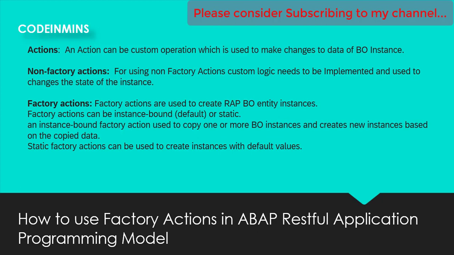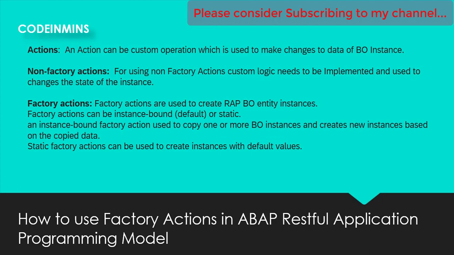So if you select a record in a list view application and you click on an action and you want to copy that record, in that case you need to use the instance bound or the default factory action.